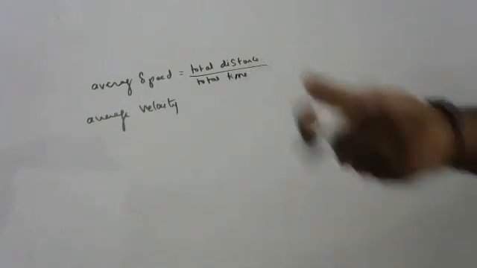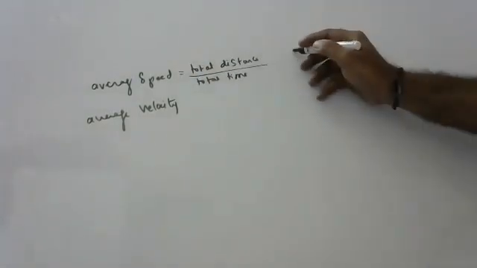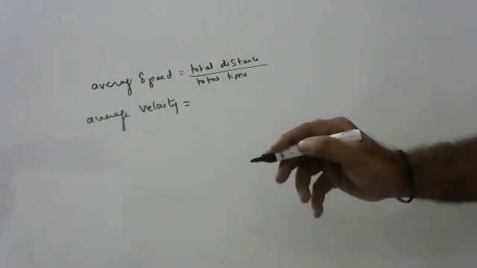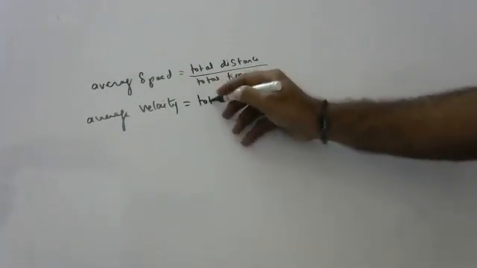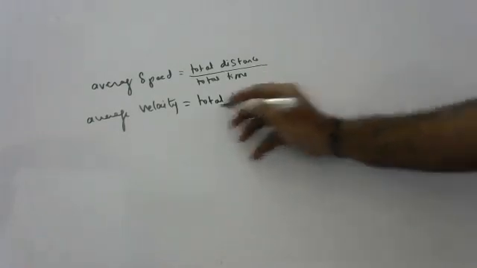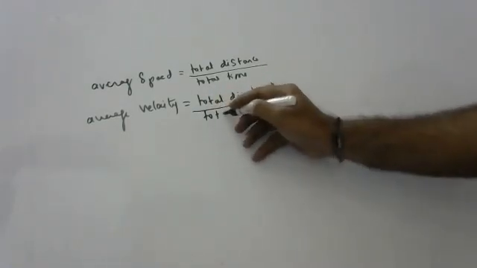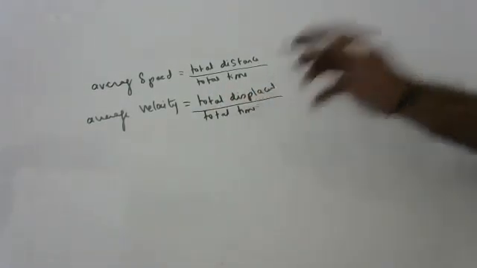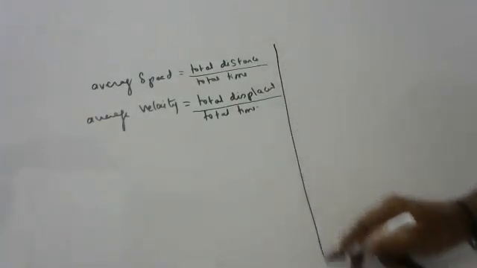Whether it may be 10, 20, 30, all distances you should add up. And average velocity means total displacement divided by total time. That's it.